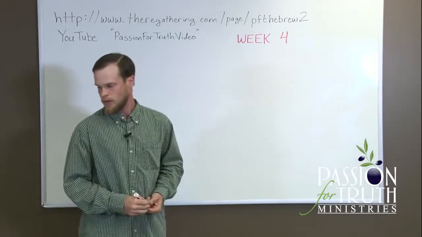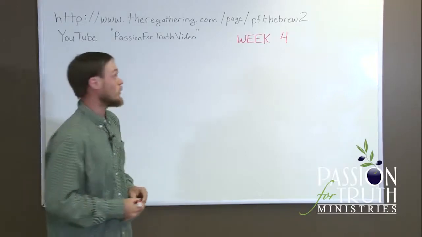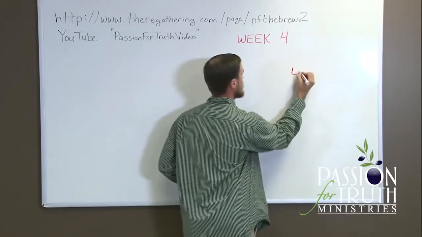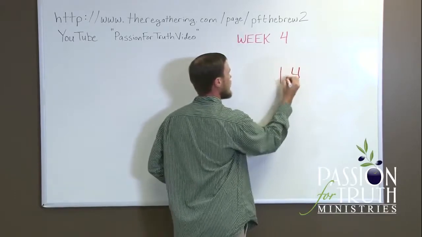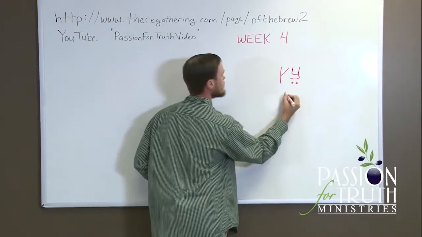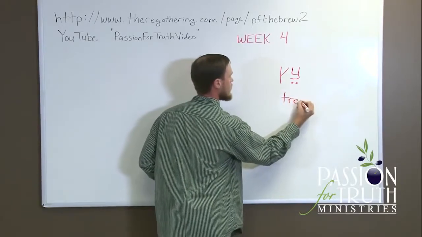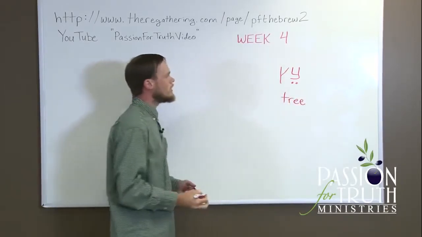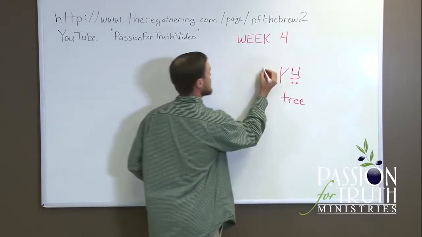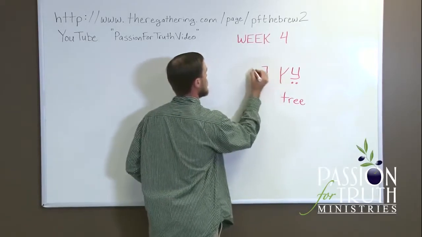So another word from our vocabulary list this week is eitz. And eitz is a tree. So if we are to speak of a big tree, that would be an eitz gadol.